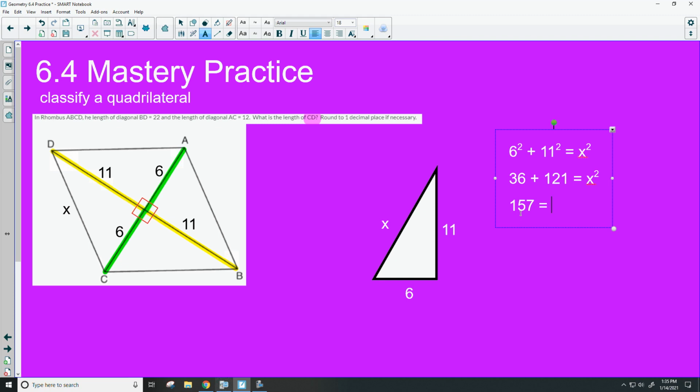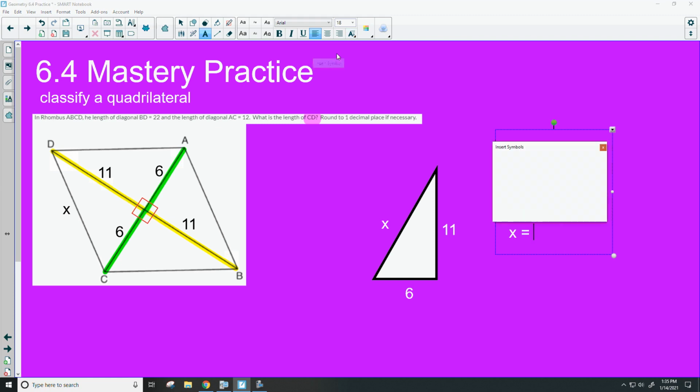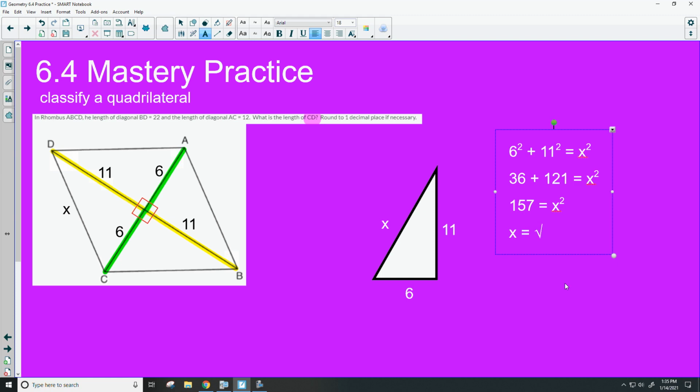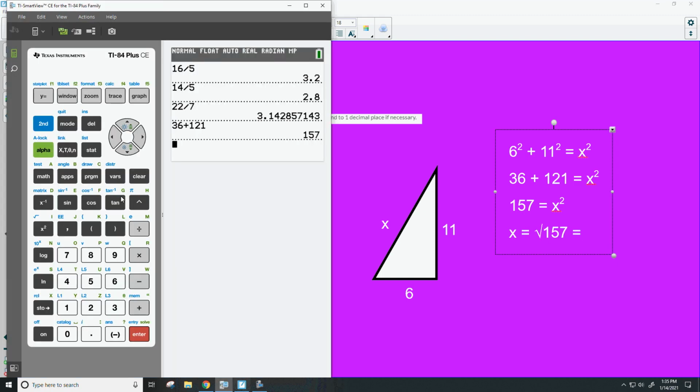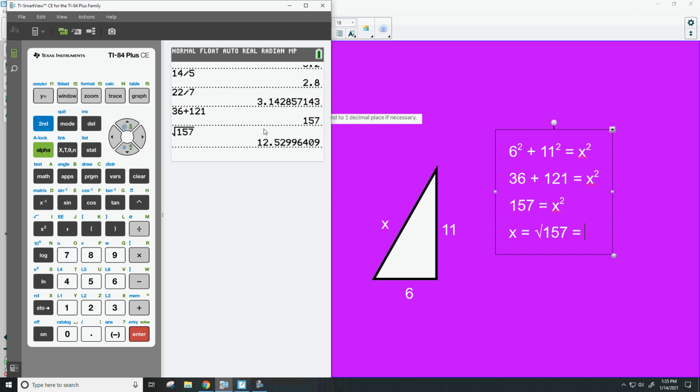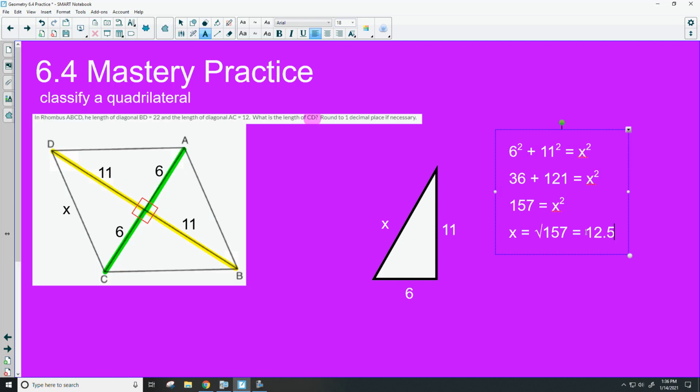That's going to equal x squared. So that means x is going to equal the square root of 157. And what is the square root of 157? Well, the square root of 157 is about 12.5, rounded to 1 decimal point.